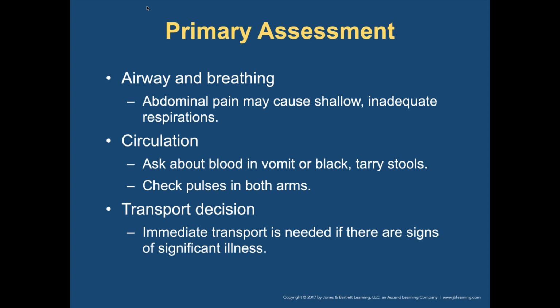Consider your mechanism of injury, your nature of illness. All right, acute abdomen can be the result of violence. So keep an eye out for blunt trauma, penetrating trauma like stab wounds, gunshot wounds. Be vigilant. If you inspect your patient and that's what you find, knife wounds and gun wounds, going back to your scene safety, the first question that should pop into your head is, where's the person that did this to you?